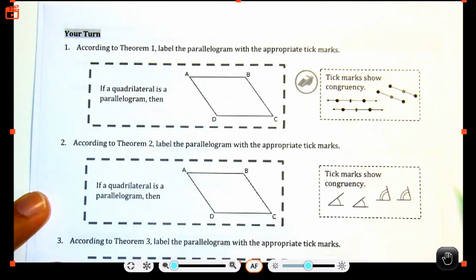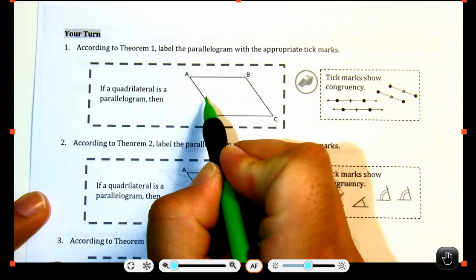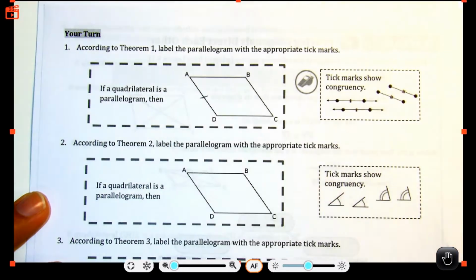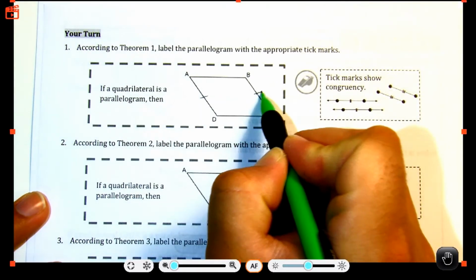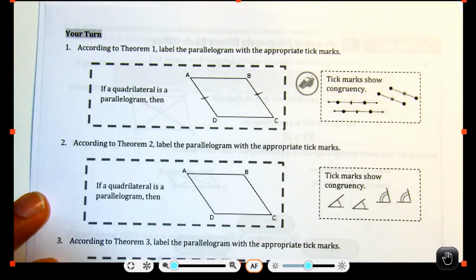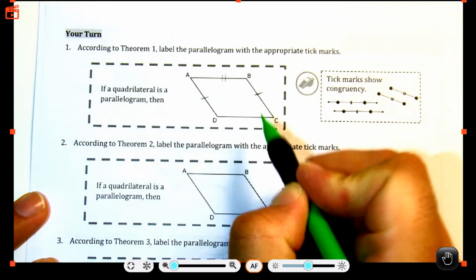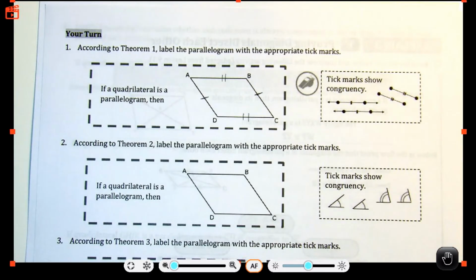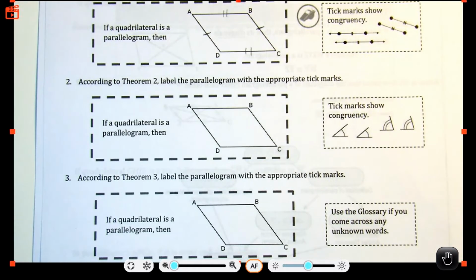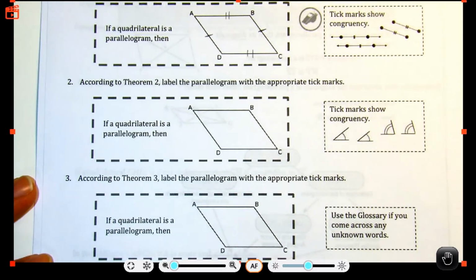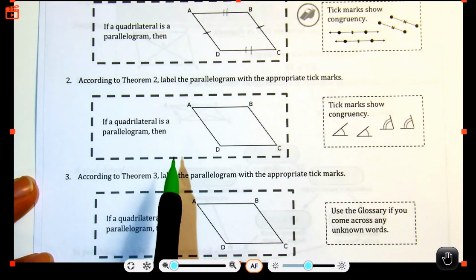This side is congruent to this side, and this side is congruent to this side. Now, theorem 2: if a quadrilateral is a parallelogram, then the opposite angles are congruent to each other.